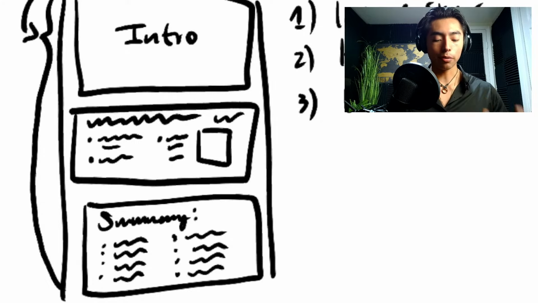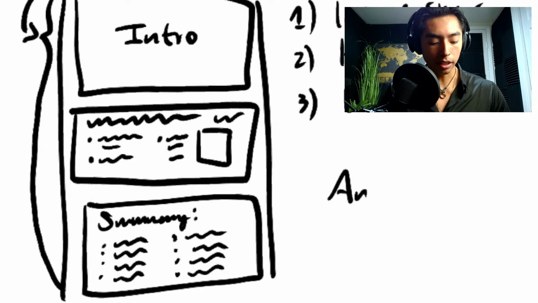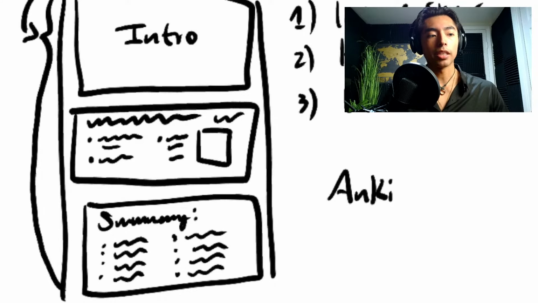And by the way, if you want to know the software that I use to make flashcards, it's called Anki, A-N-K-I. It's essentially a free software that you can download on your computer. It has a built-in algorithm that will tell you which cards to study and when.